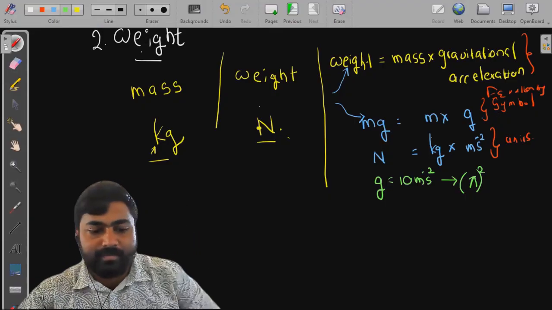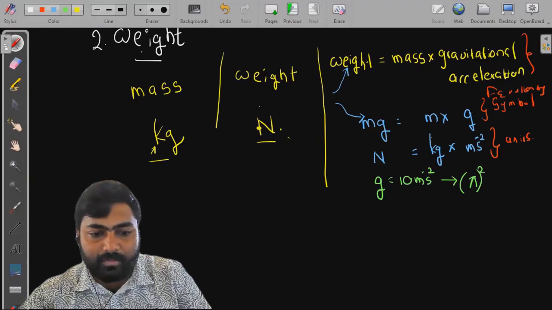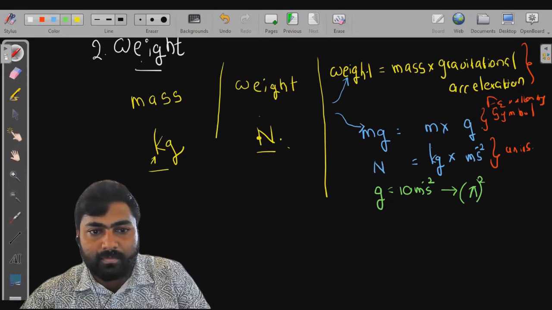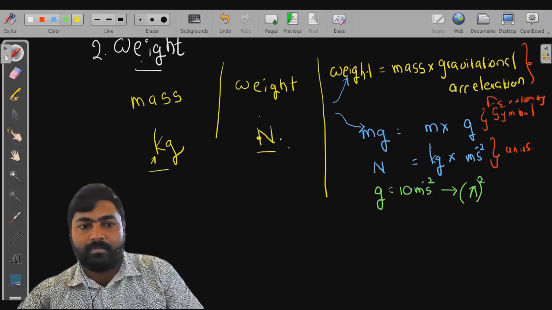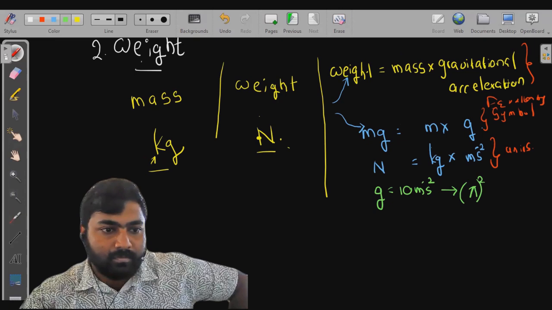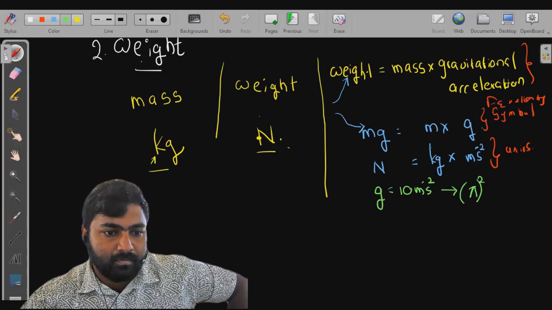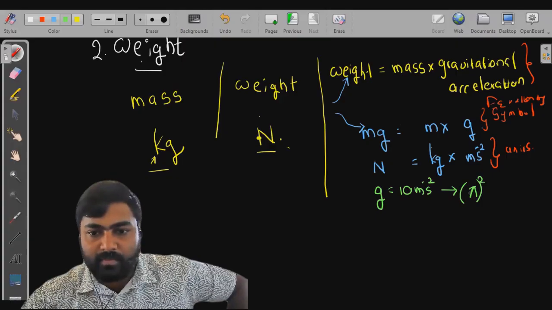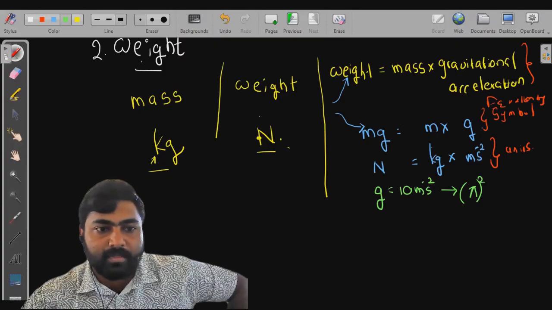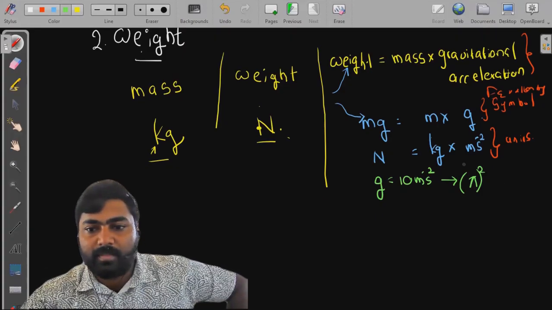Do you have a calculator with you now? So the answer is 9.86. That is quite similar. This can be taken as π squared.